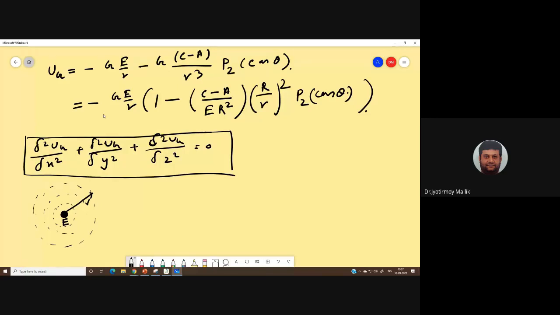So any equation that we put forward for defining UG must satisfy Laplace's equation.